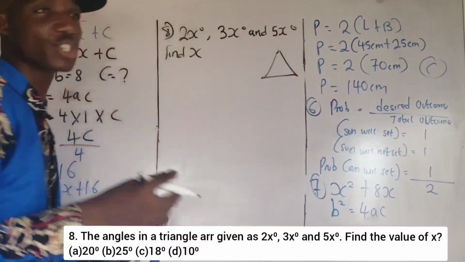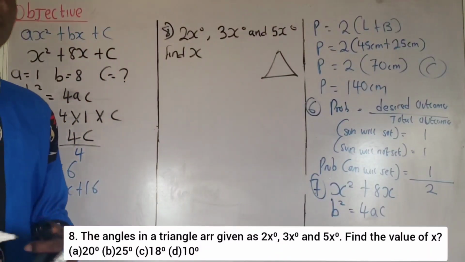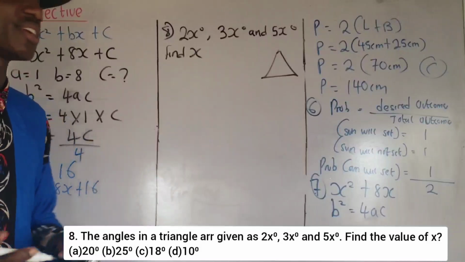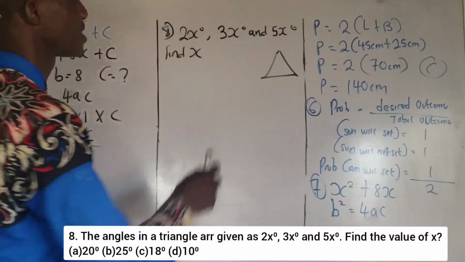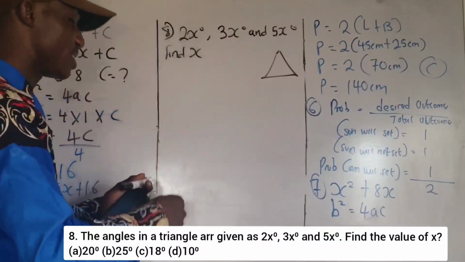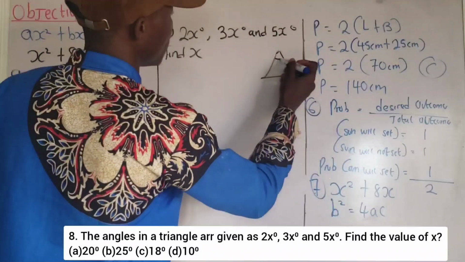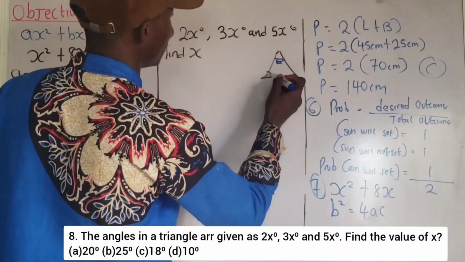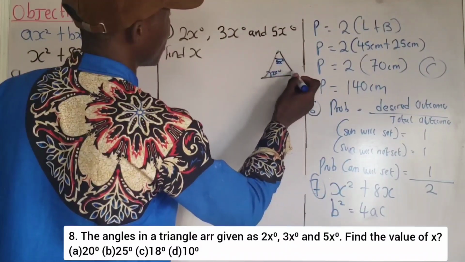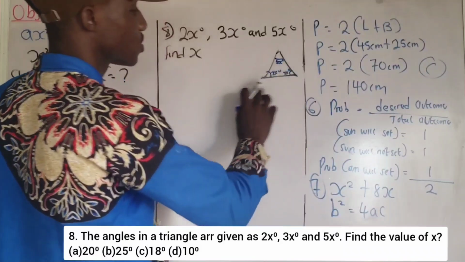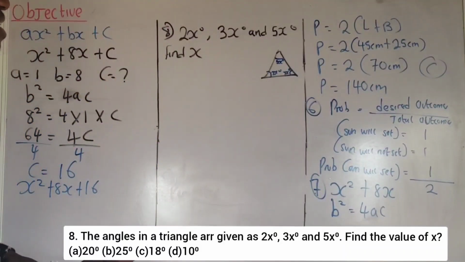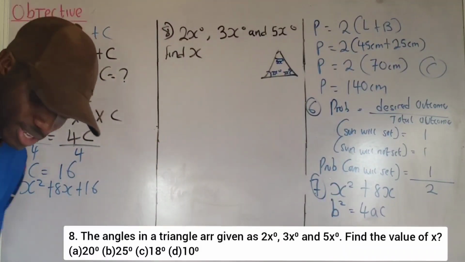A triangle is a plane shape that has 3 sides and 3 angles. Okay, so we are given that the angles in this triangle are 5x degrees, 2x degrees, and 3x degrees.